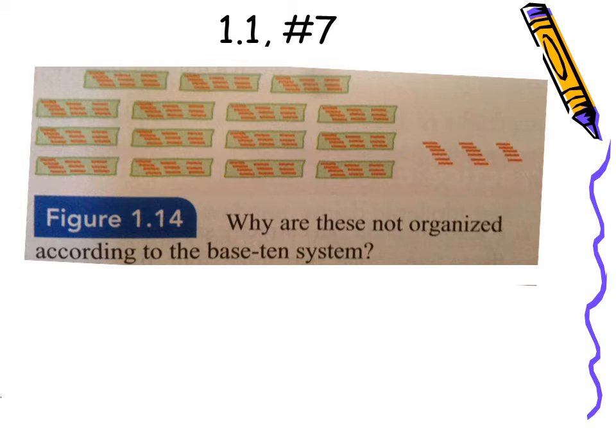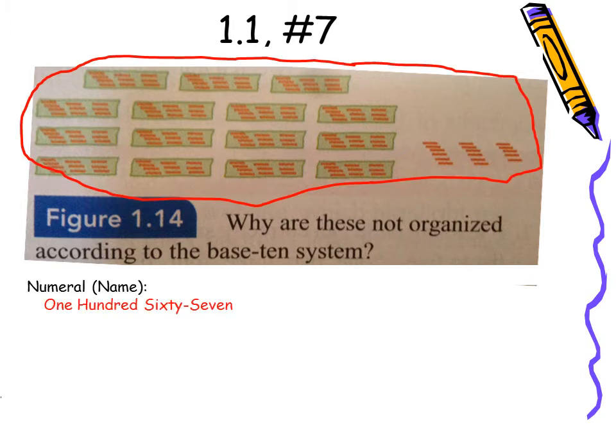Well, looking at this, we can see that the toothpicks actually represent the number, because we know that a number is something that can be counted or measured, and in this case the actual toothpicks are the measurement. So that's the number that we're looking at. That number is represented by the numeral name 167.